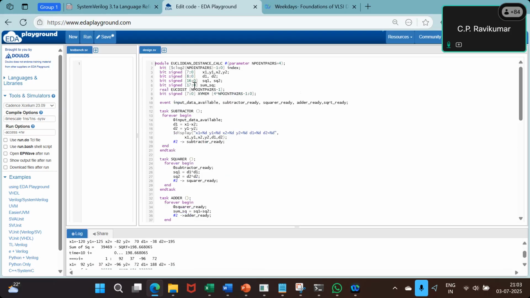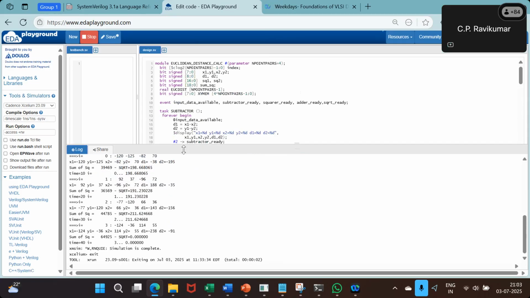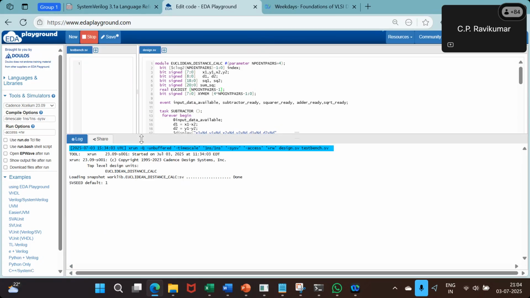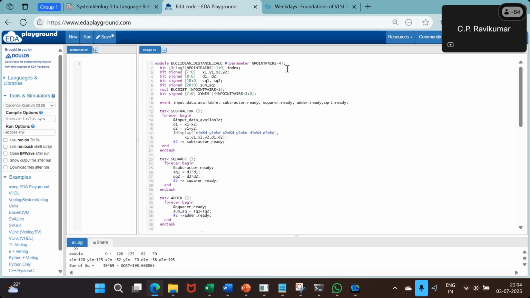Again, are you telling me that it's not enough or something? So one thing, let us increase it to 8 and see whether it is only the last one that causes problem.